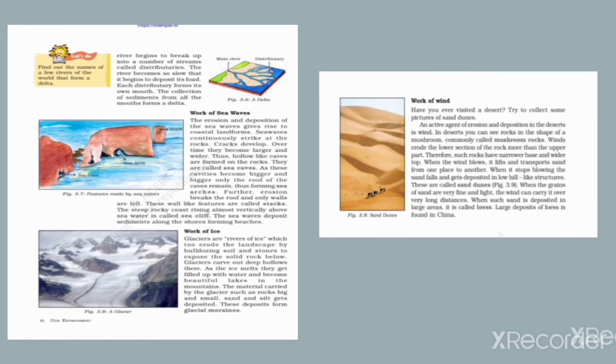These are due to the continuous strike of the sea waves, and over time they became larger and wider. Thus, hollow-like caves are formed on the rocks. They are called sea caves. And in some places you can see sea arches are formed. And then we have another type of formation called the stacks.